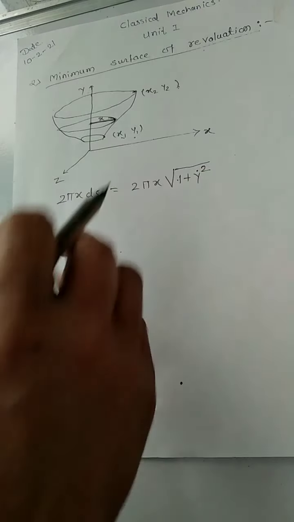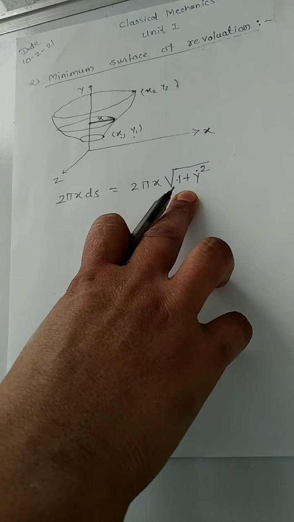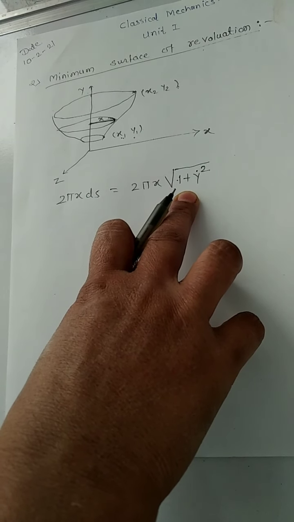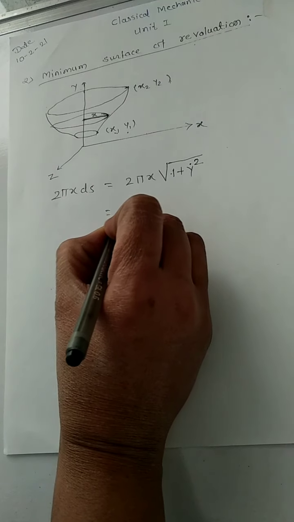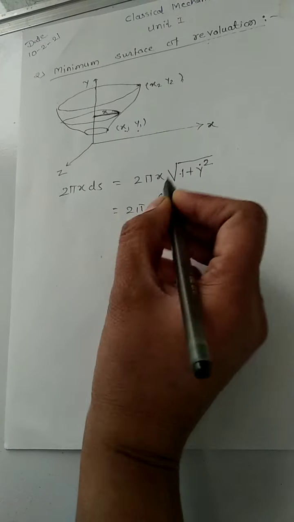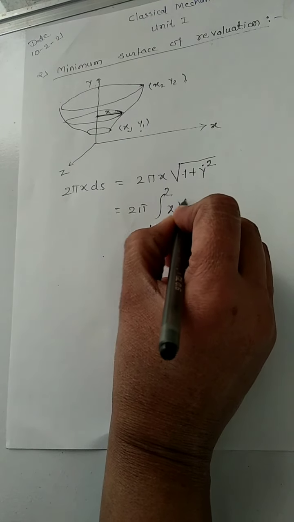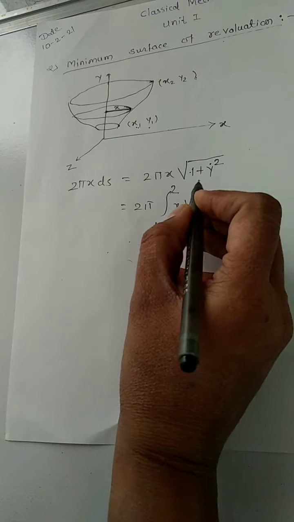We calculated this earlier in the first example, the shortest distance between 2 points. And then the total area is 2 pi integral from 1 to 2 of x under root of 1 plus y dot square dx.